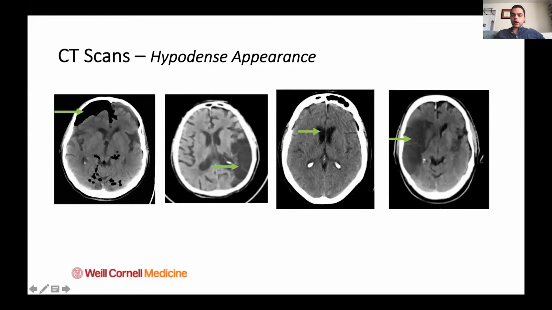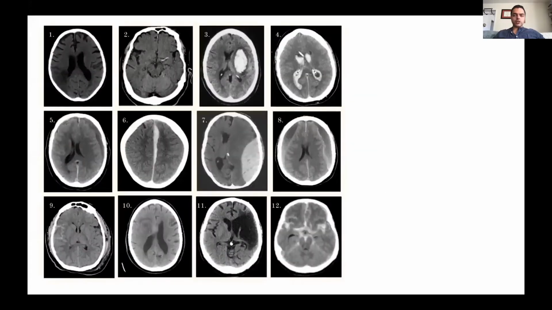So again, more hypoattenuated. And then ischemic territory. When you have decreased blood flow to the brain, you have increasing edema, infarcting of that tissue, and that also shows as hypoattenuation. So that's really important for stroke visualization.